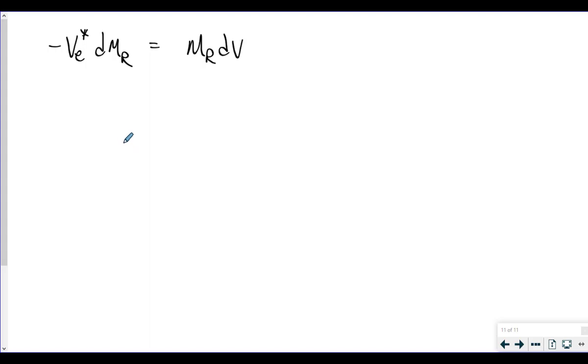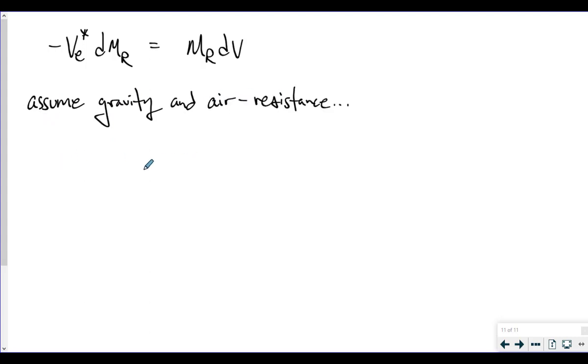So let's say that if we assume gravity and air resistance, then there's going to be an additional term that is some change in momentum due to these other external forces. So let's write it like this.